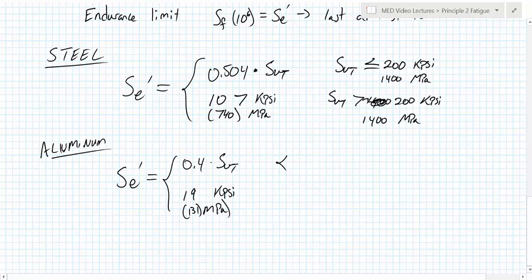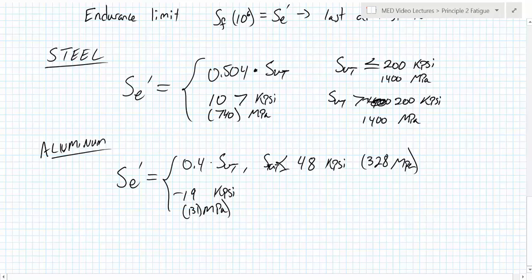We have the same sort of limit, as long as the ultimate strength is less than or equal to about 48 kpsi, which is 328 megapascals. This is rounding up. If your strength is larger than that, again, we just set a limit on it.